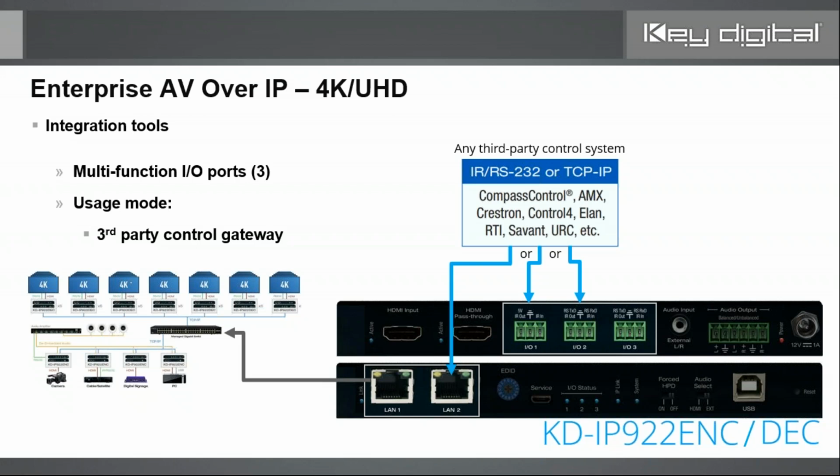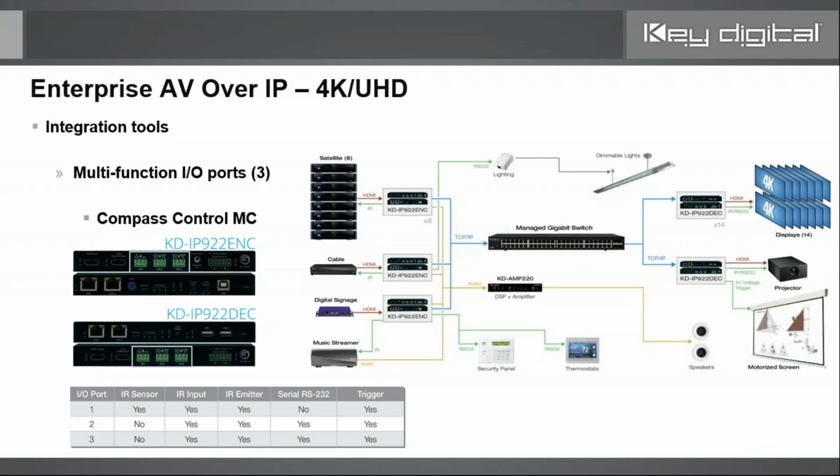Those control systems, which are advanced, can also utilize our open API called KeyCode, which is published in the owner's document for the IP922 products, so that any control system can say, hey, port number 123 of any IP address of our devices, and say that they are the format either IR, RS-232, or voltage triggering, and they should be sending an IR burst info, RS-232 string at baud rate X, or voltage high or low.